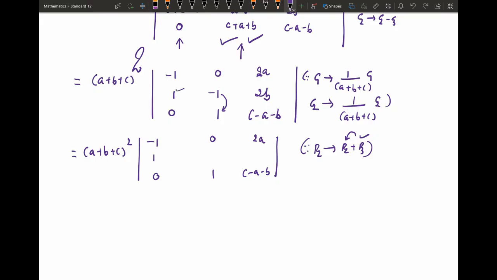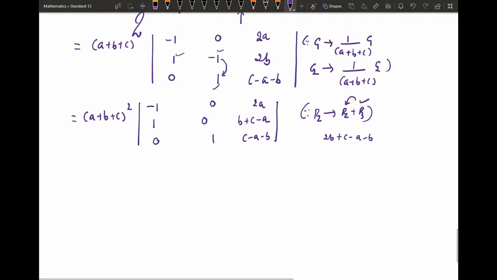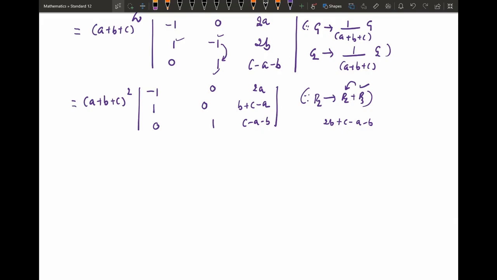So 1 plus 0, that is 1, minus 1 plus 1, that is 0, and here it will be 2B plus C minus A minus B, so that will be B plus C minus A. So you can observe in second column, since two entries are 0, let us expand determinant using second column.